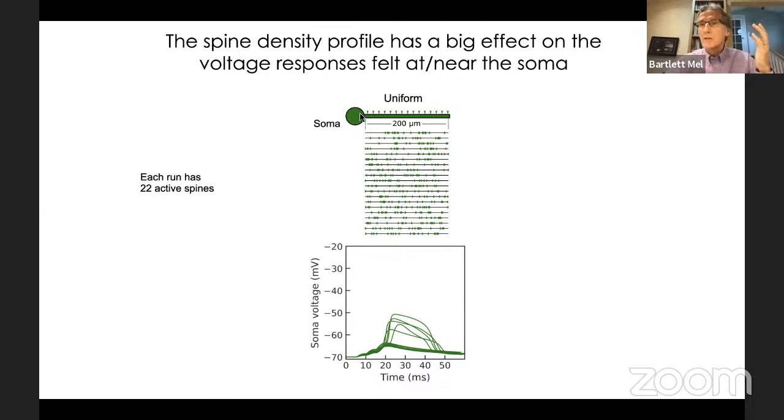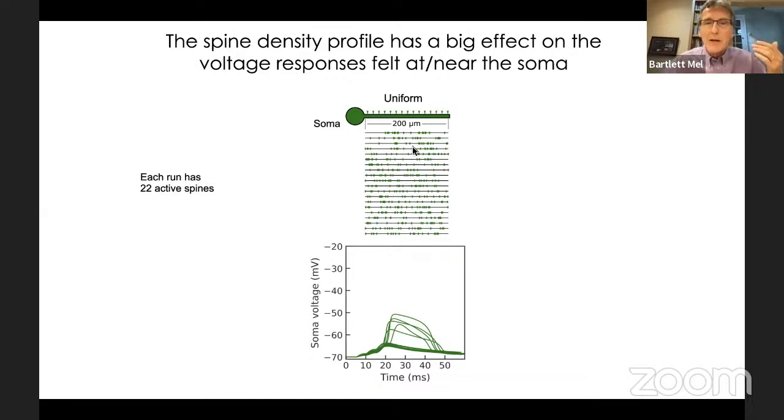This is a ball and stick model, soma and a dendrite that's 200 microns long. And we're going to activate the spines along the length of it. In this particular case, the density of the spines is uniform. And this is showing a bunch of individual runs in which there were, in each case, just to make a controlled picture, 22 spines that were activated, and these green dots show the locations of them.